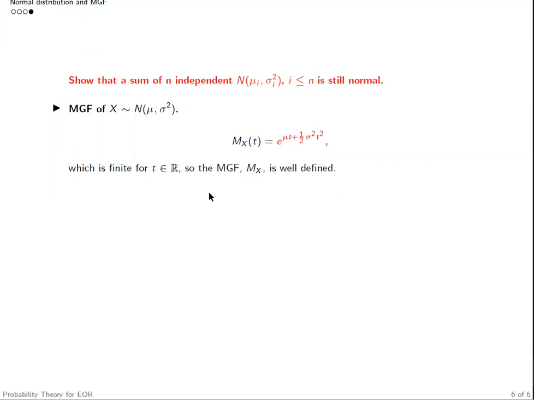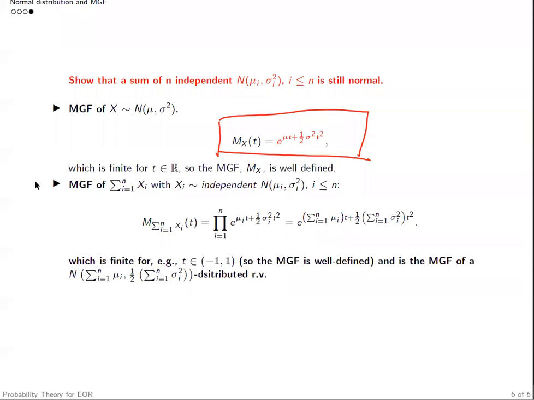Let's first derive the moment generating function of x. Let's first write it down. This one has already been derived from previous exercises in this video. And next, we're gonna derive the moment generating function of the summation. Because here we are summing independent random variables together, the moment generating function of this summation, this new random variable, the summation of xi, is essentially equal to the product of moment generating functions of each term in this summation.